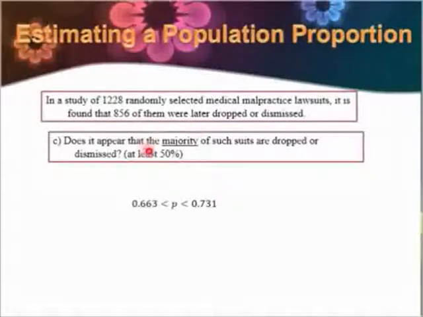When it asks for the majority, it means at least 50%, or 0.5. Even though we don't know exactly what this proportion is, we're very confident it's somewhere between these two numbers, and even the lowest number is above 0.5, or above 50%. So it does appear that the majority of such lawsuits are dropped or dismissed.